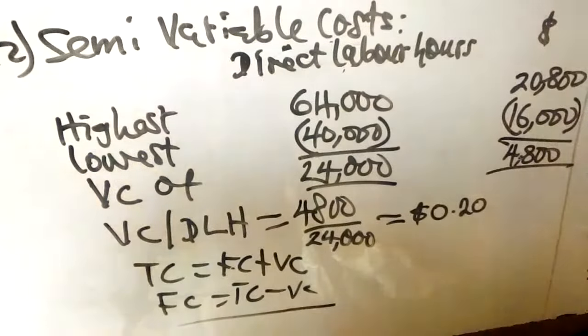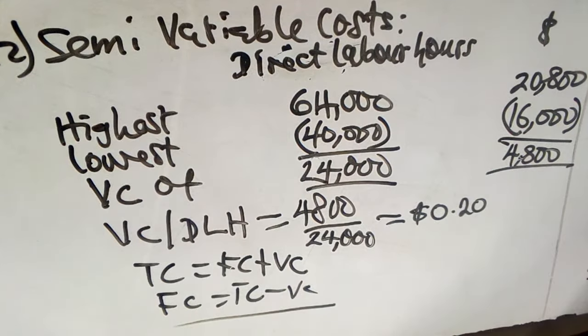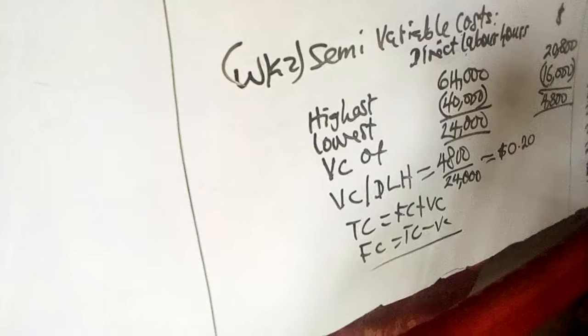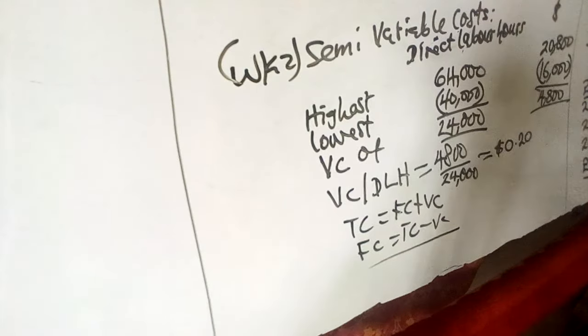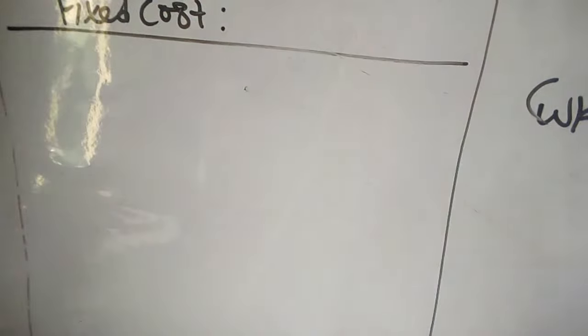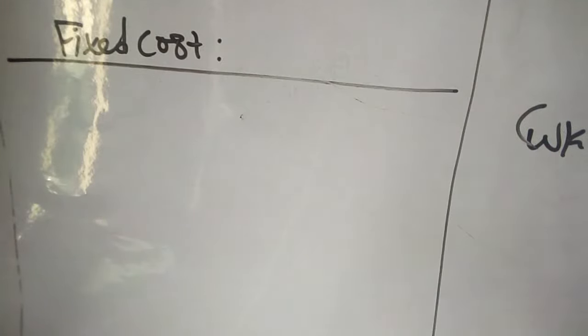For better understanding, try to watch my lecture on high and low method. Now, we want to determine the amount that will be the fixed cost element of the semi-variable cost.